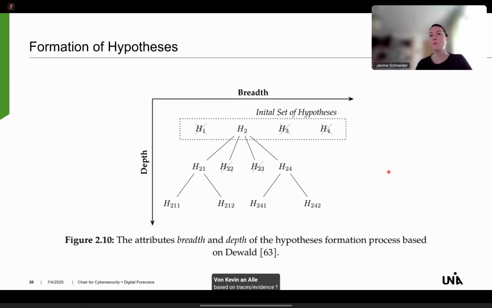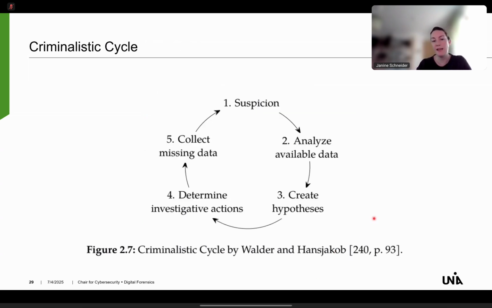Based on data, we form hypotheses, or based on traces, based on evidence, based on things we find at the crime scene, based on witness testimonies, we form hypotheses. And when we go back to the investigative cycle, out of the hypotheses, we determine investigative actions.